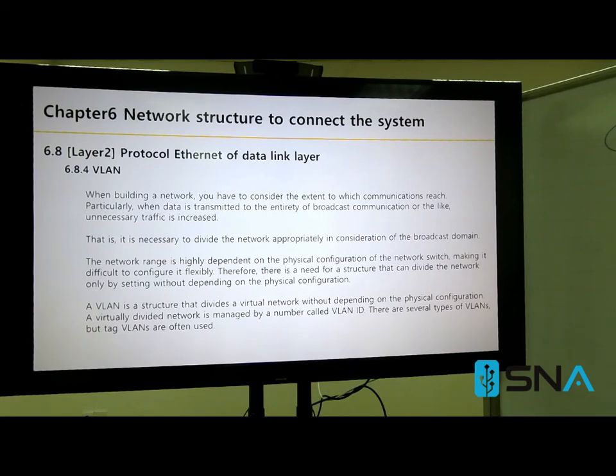So VLAN is a structure that divides the virtual network without depending on the physical configuration. A virtually divided network is managed by a number called the VLAN ID. There are several types of VLANs, but tag VLANs are often used.